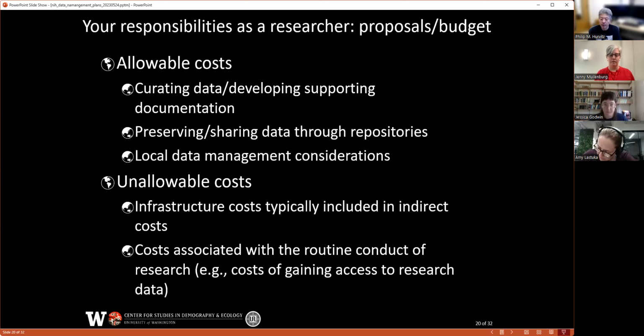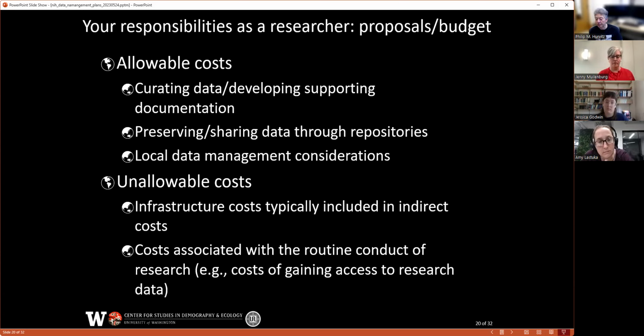What's not allowable are infrastructure costs, typically included in indirect costs. So with us, I guess at CSDE, we have an IT department that simply covers a lot of stuff. We can't ask for money to cover things that are already included in the indirects. And you cannot include costs associated with the routine conduct of research.